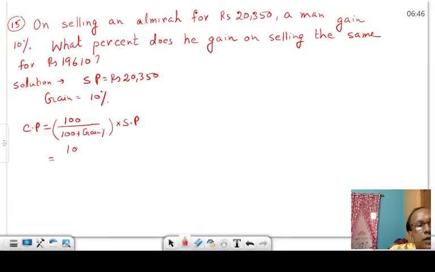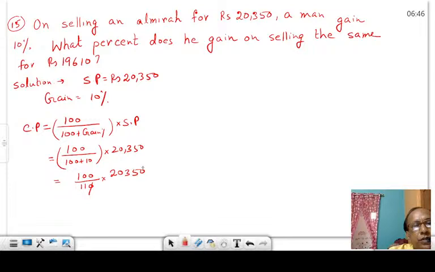Therefore, we are getting 100 divided by 100 plus 10, and the selling price is rupees 20,350. So we get 100 by 110 into 20,350.